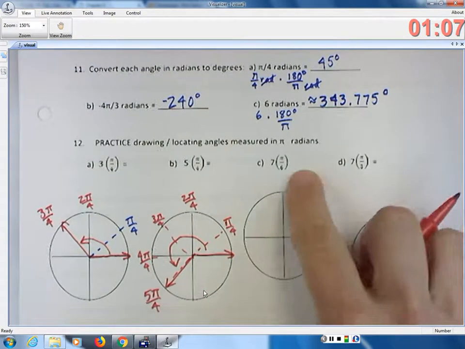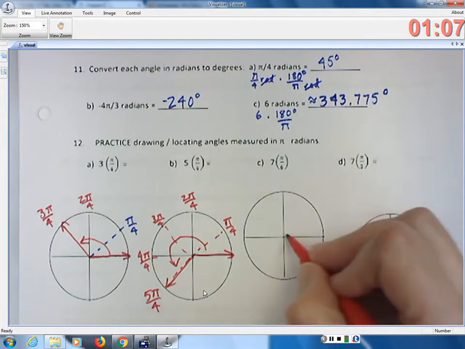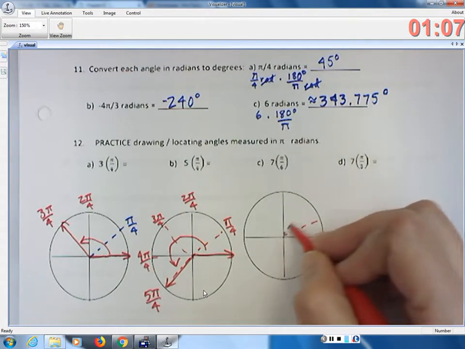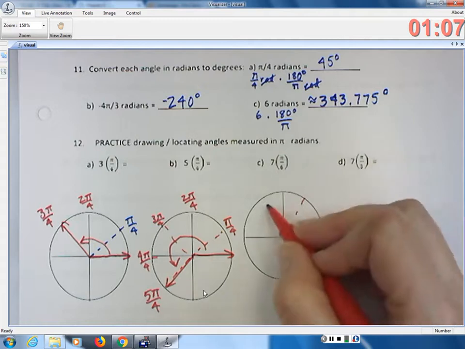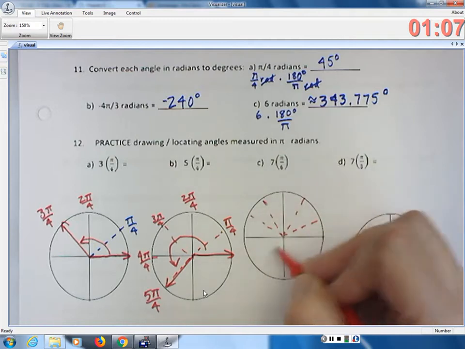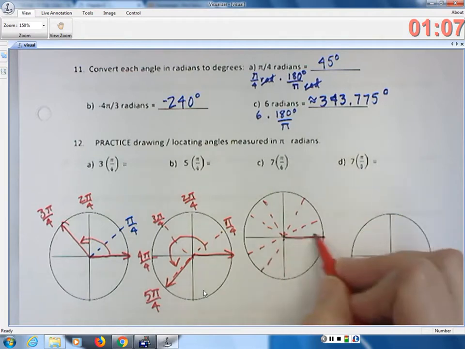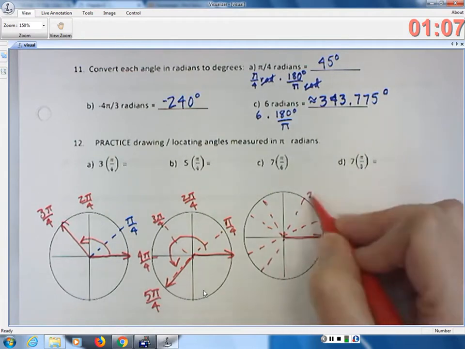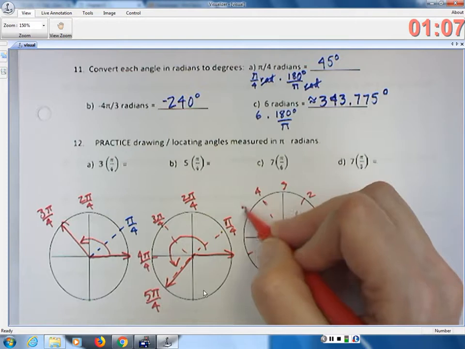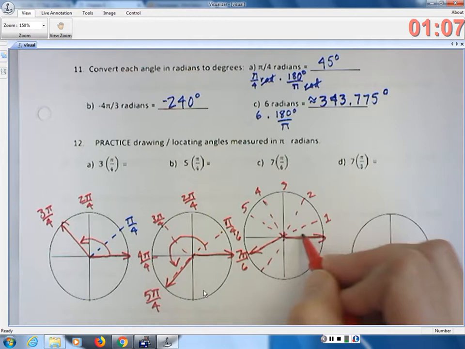Pi over 6 is 30 degrees, right? So we're going to have 7 of these. 1, 2, 3, 4, 5, 6, 7 pi over 6 will be here.